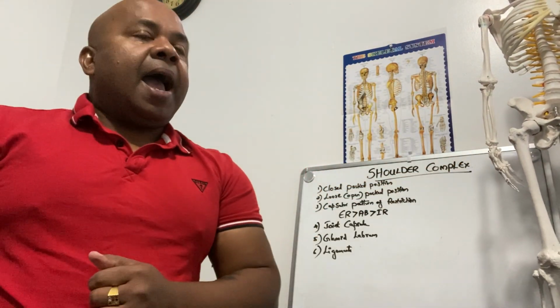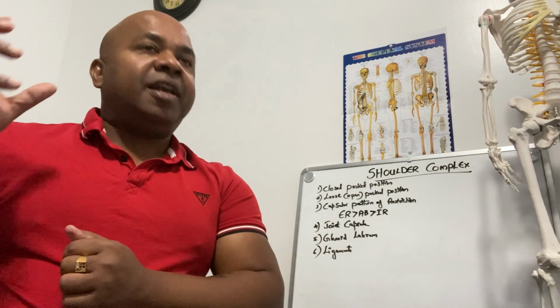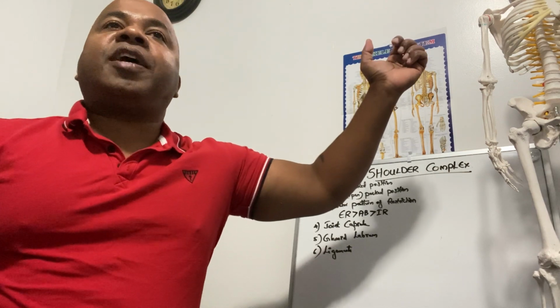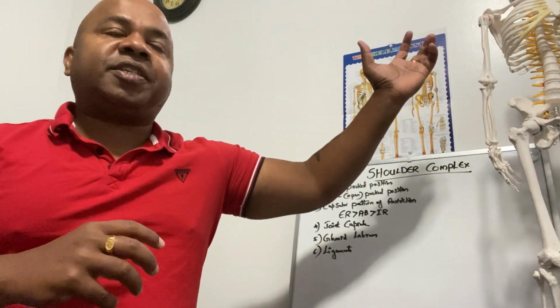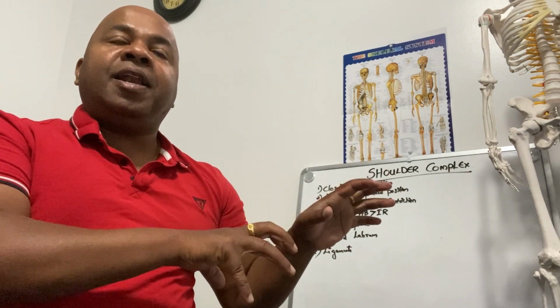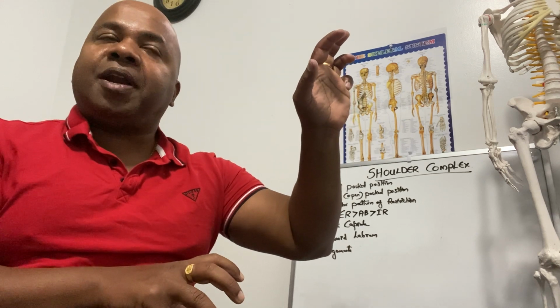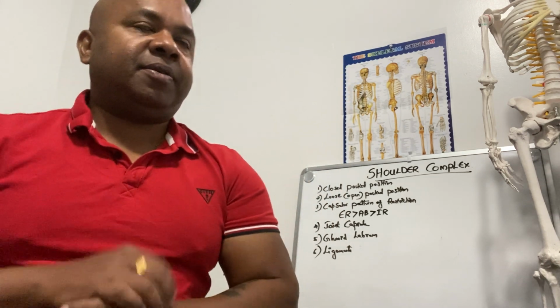This coracohumeral ligament mainly prevents external rotation movement. So when we try to do external rotation, the ligaments which prevent it are mainly the middle fibers of the glenohumeral ligament as well as the coracohumeral ligament.